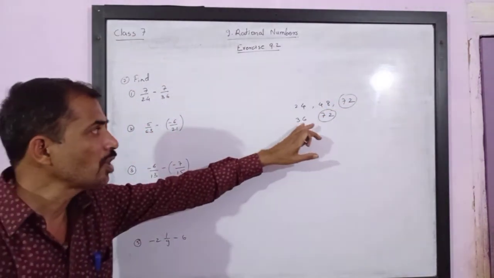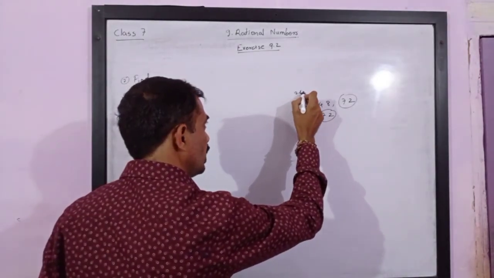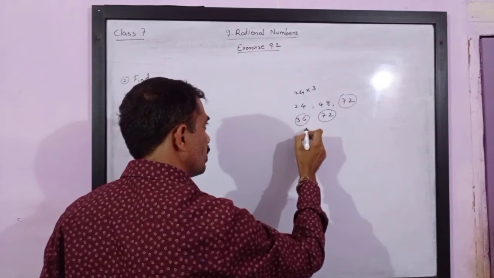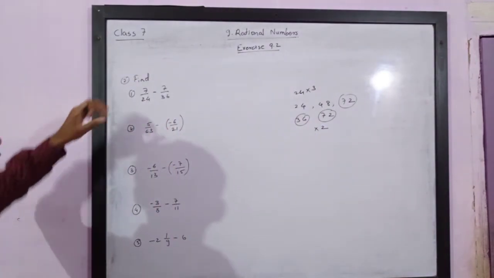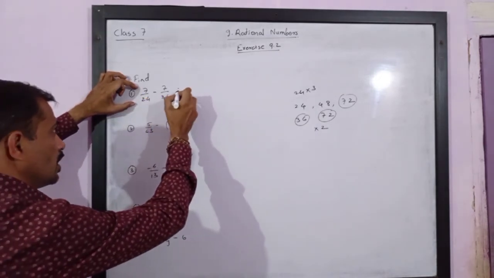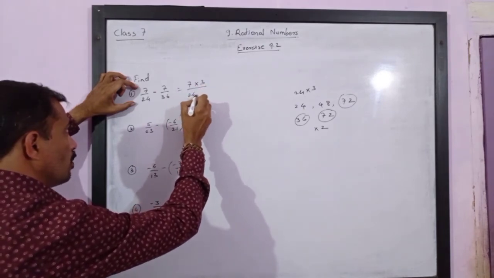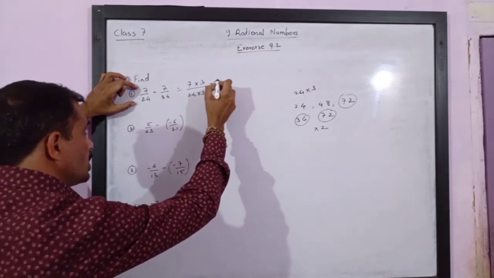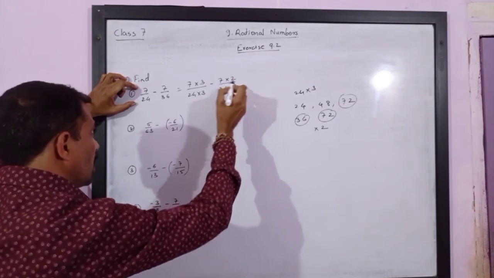So to get the least common multiple, we have to multiply 24 by 3 and 36 by 2. So to get this, I am making the denominator same. So this is equal to 7 multiplied by 3 upon 24 multiplied by 3 minus 7 multiplied by 2 upon 36 multiplied by 2.